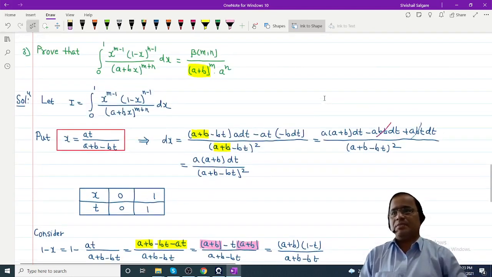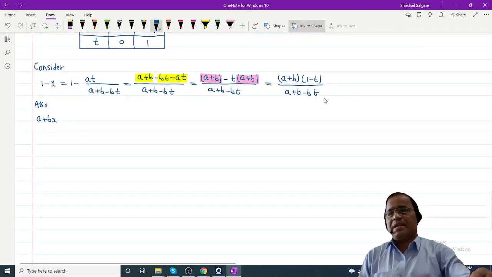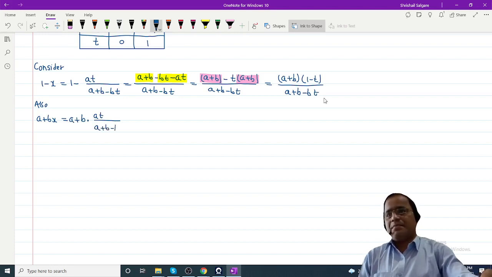So a plus bx is given by a plus b into, what is the value of x? It is 80 divided by a plus b minus bt. So by taking cross multiplication once again, the denominator is a plus b minus bt.